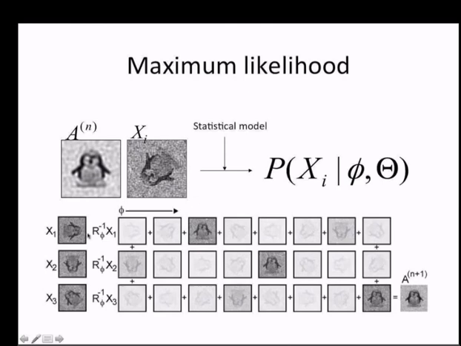And I've tried to express that in this figure here. So this is the first experimental image. If I have the penguin on its side, then the probability that I would observe the image in this orientation, given that this would be the correct reference, is relatively low because the penguin on its side and the upside up reference do not match very well.